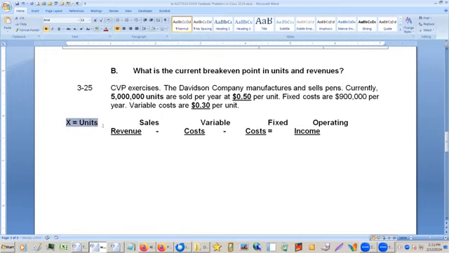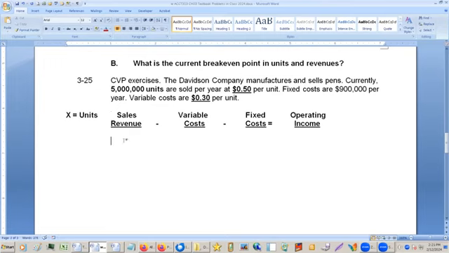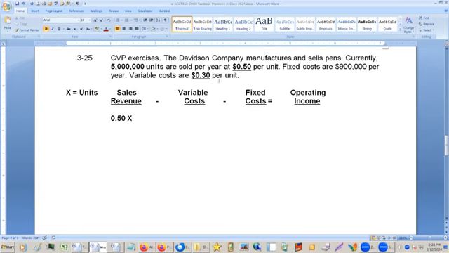So I'm going to have X equal units. And we don't know the break-even units just yet, but we know that each one is, we were selling it for 50 cents. Our variable cost.